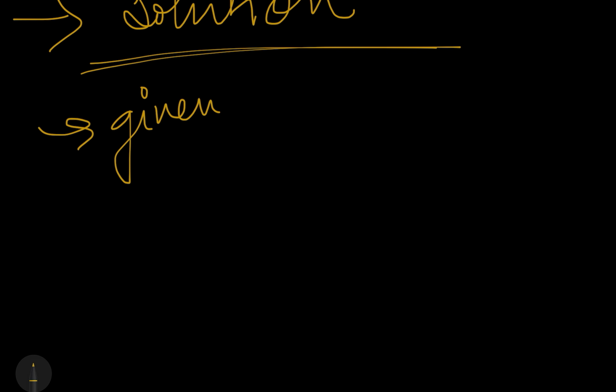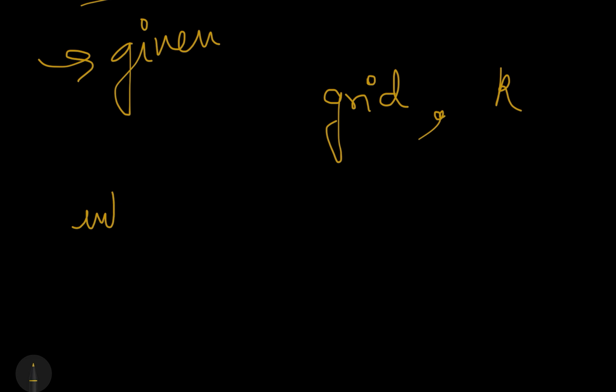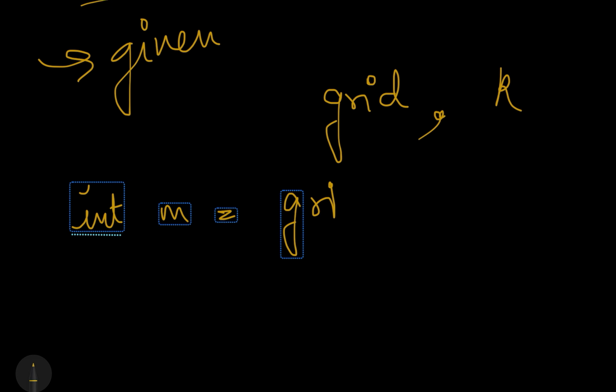First, what is given: we have been given a grid and an integer k. First we'll find the size of our grid.